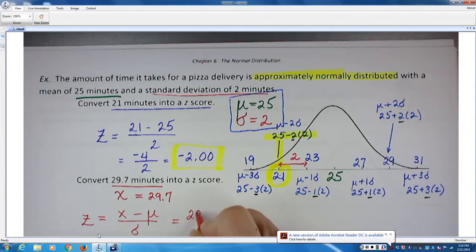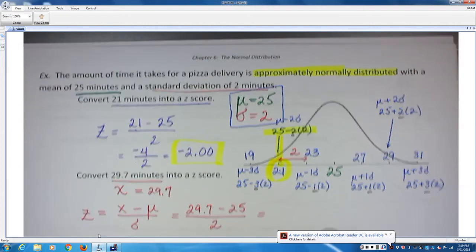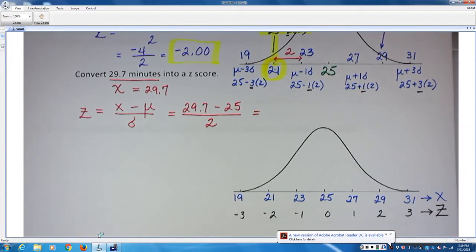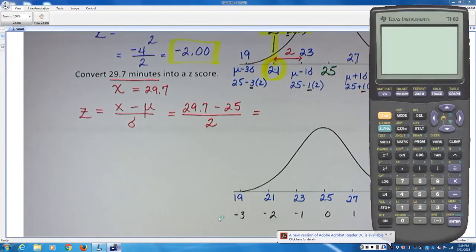So x is 29.7, mu is 25, sigma is 2, and we'll have to do a little bit of arithmetic here. So I'll get our handy dandy calculator and clear it off and do 29.7 minus 25, and then divide the result by 2 and get 2.35.